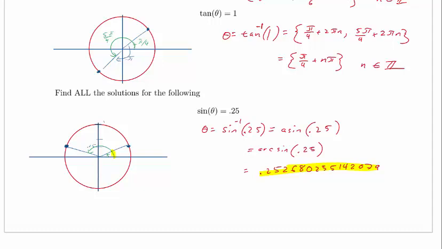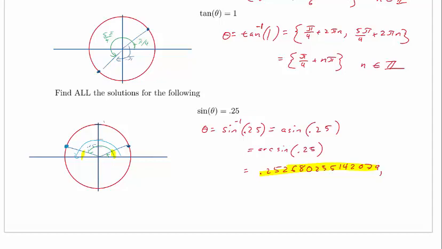Note that it's also going to be this angle right here. And so to get this angle that we're looking for there, we're going to go a full pi, and we're going to subtract out that yellow. So to find that other angle, again, that's pi minus this number.